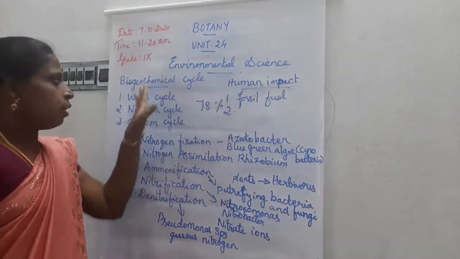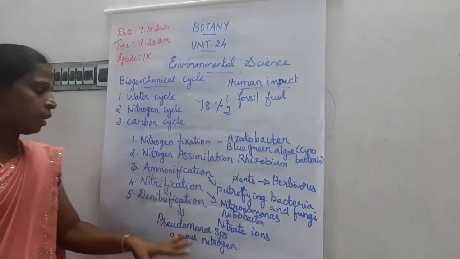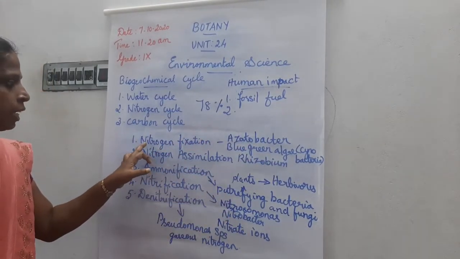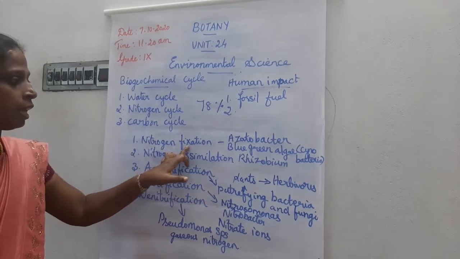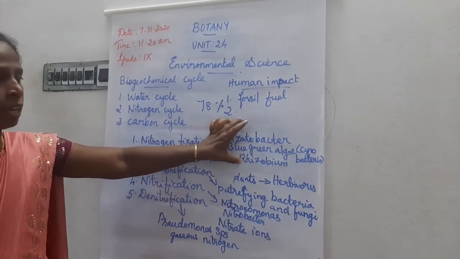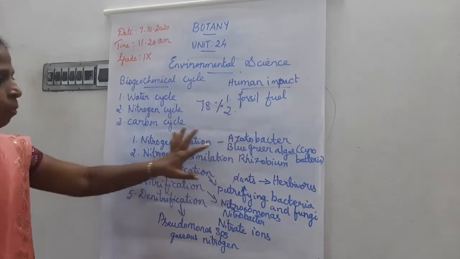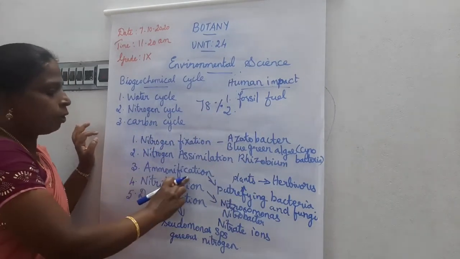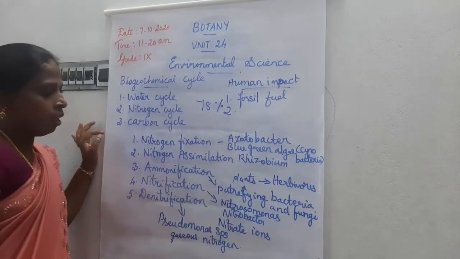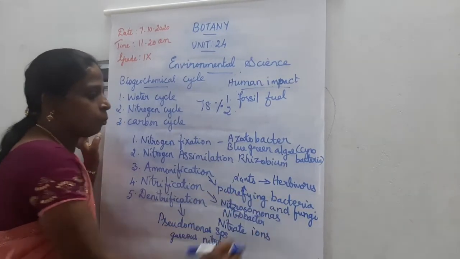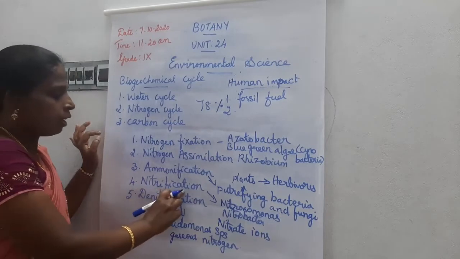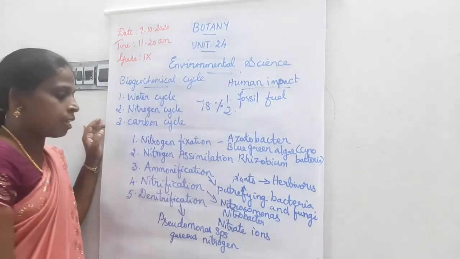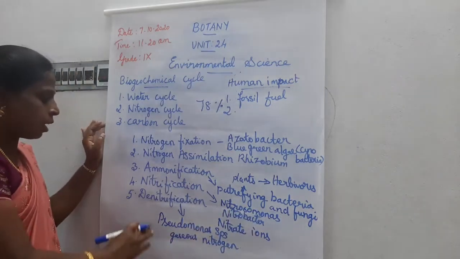This nitrogen cycle is very important, and these microorganisms are very important. During nitrogen fixation, the microorganisms involved are Acetobacter, blue-green algae, cyanobacteria and Rhizobium. During ammonification, it is putrefying bacteria. During nitrification, it is nitrifying bacteria such as Nitrosomonas and Nitrobacter.